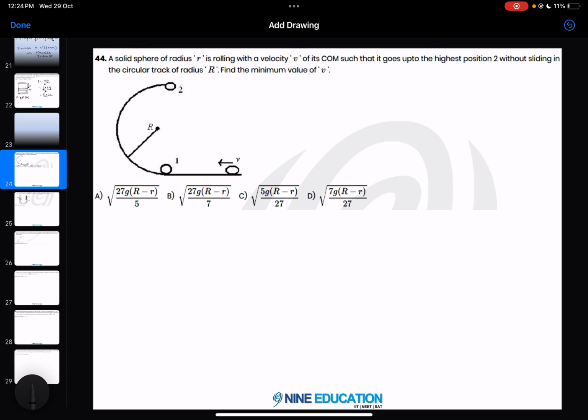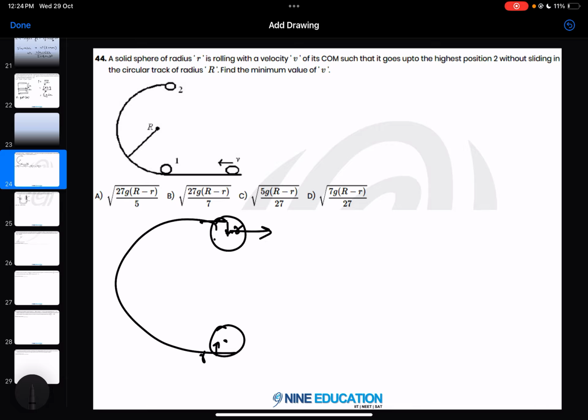Find the minimum value of v. Now the sphere is rolling and going up. The center of mass of the sphere is at distance small r, and at the final position it is also at distance small r.